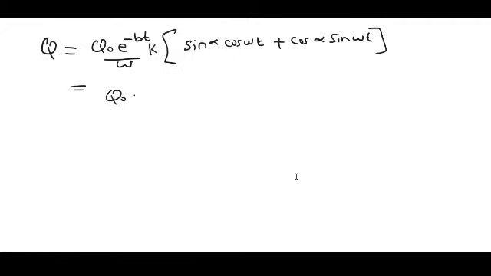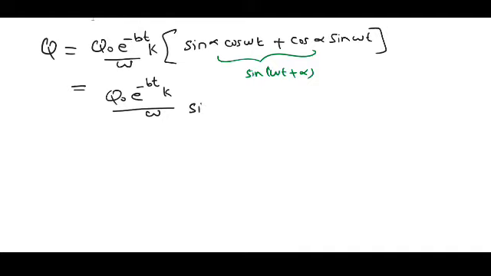Here q0 e power minus bt k by omega, and this can be written as sin of a plus b, that is sin of omega t plus alpha.